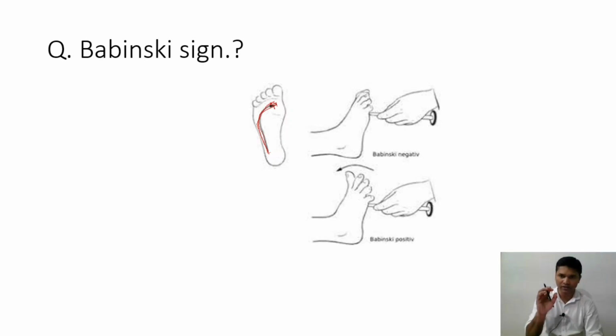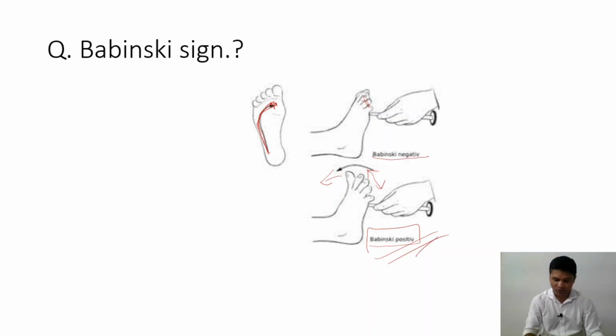In negative there is plantar flexion. So this is the negative Babinski sign. In the positive Babinski sign there is dorsiflexion and fanning of the toes. So the toe will be like this, dorsiflexion and fanning of the toes. So this is Babinski sign positive.